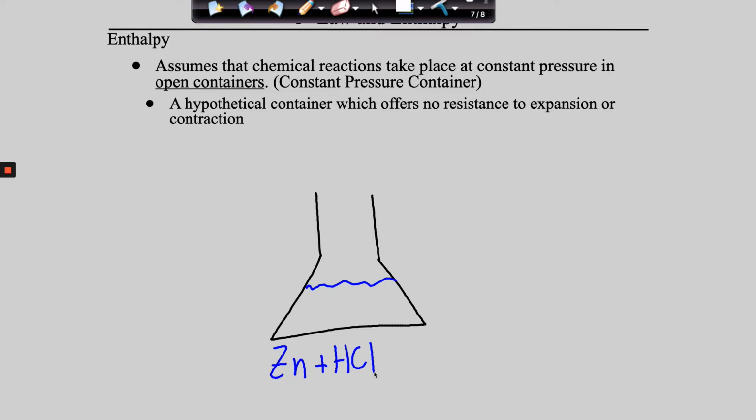As this reaction carries out, our products, and I'm not going to balance it, are zinc chloride and hydrogen gas. And then we collected the hydrogen and lit it on fire and we giggled and it was all lovely.